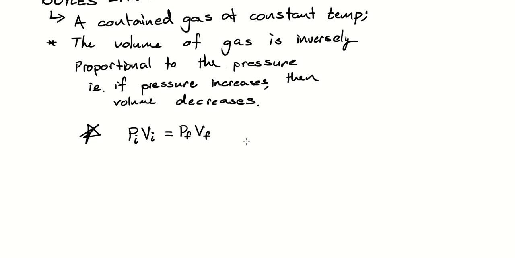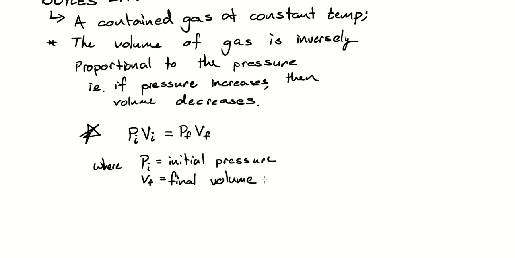Now, as we're dealing with this, what is PI? If you need this, I would like you to write it. PI is initial pressure. I'm just going to write two of them and we can reason out what happens. What is VF? Final volume.